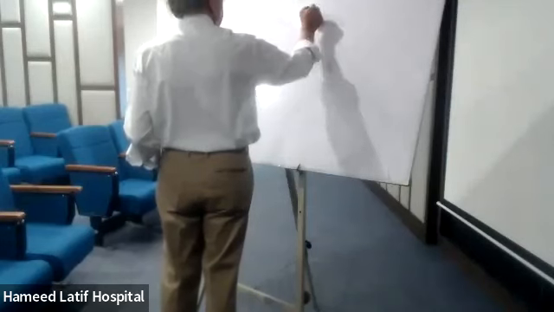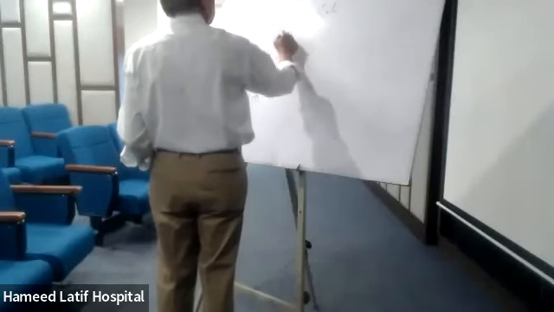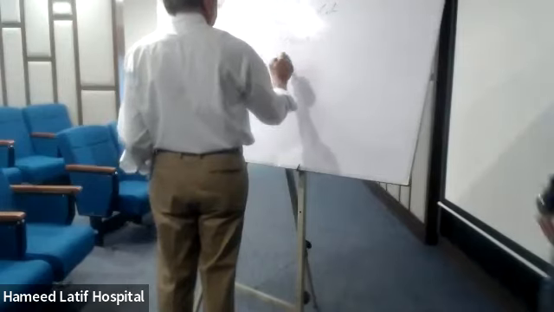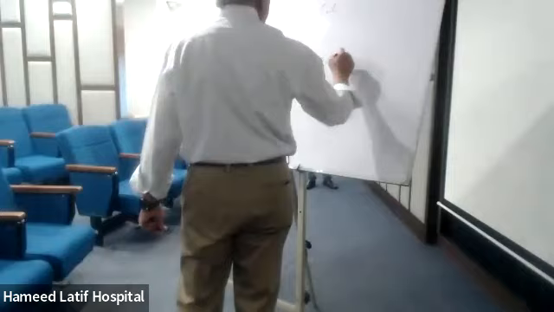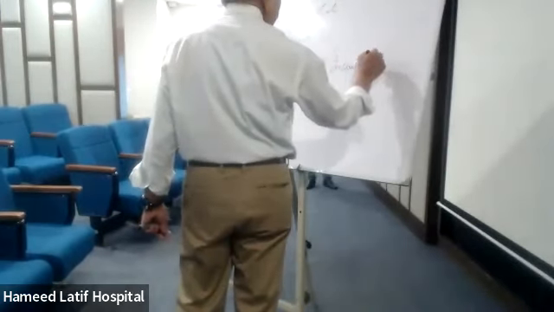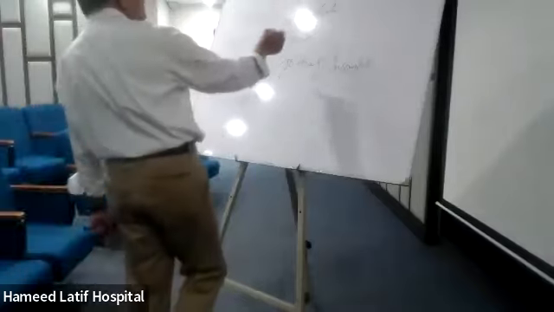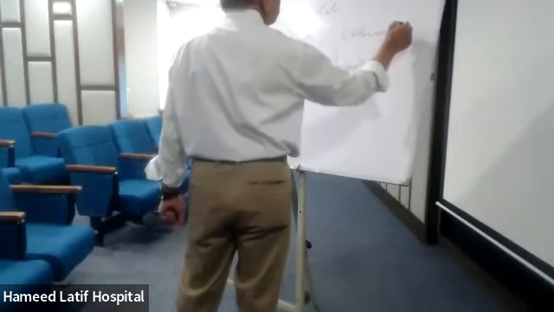Three types of breech delivery. One is complete, one is frank, one is footling. Footling and incomplete. This footling is incomplete. And the other one is extended, complete, frank, extended. You can call this extended too.